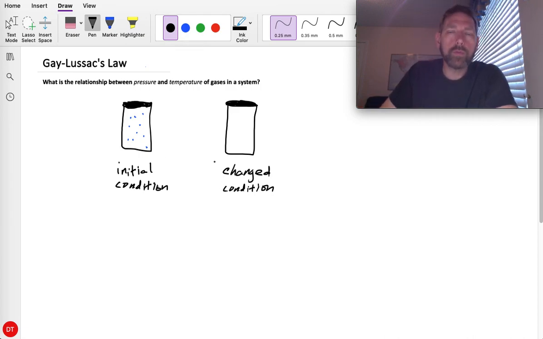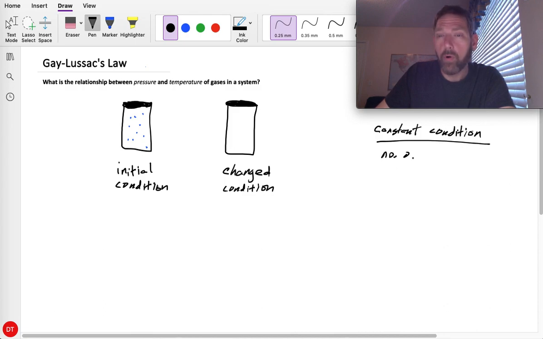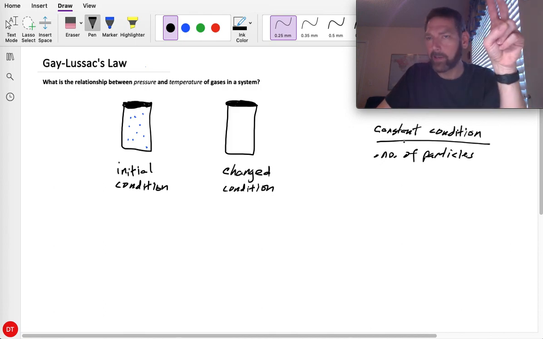For these purposes, since we're looking at pressure and temperature, we want to assume that nothing can escape. The reason why we want to do that is because we're assuming some sort of constant condition. The number of particles we've kept constant, assuming X amount of moles of it.